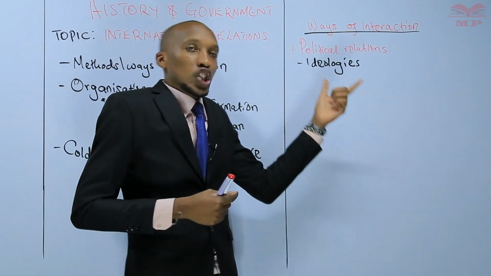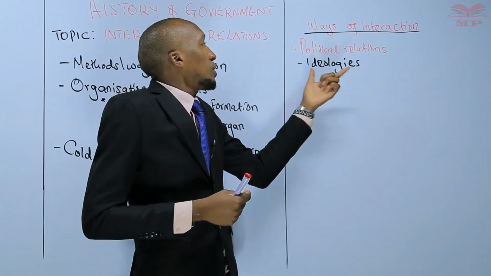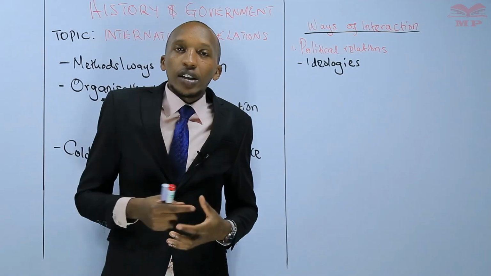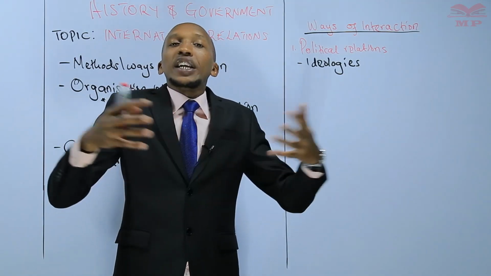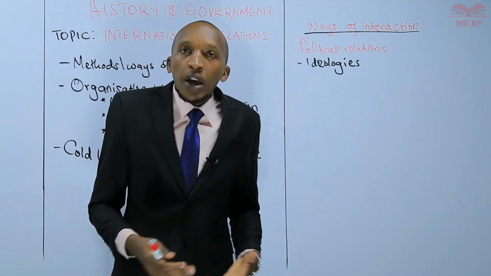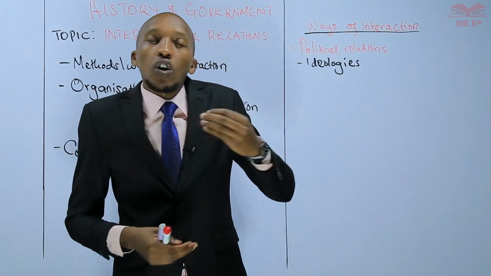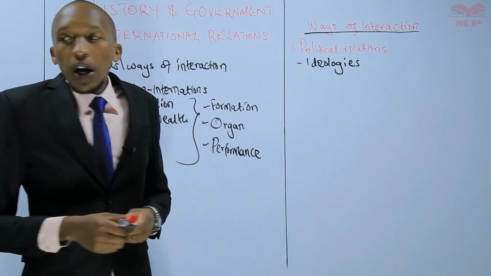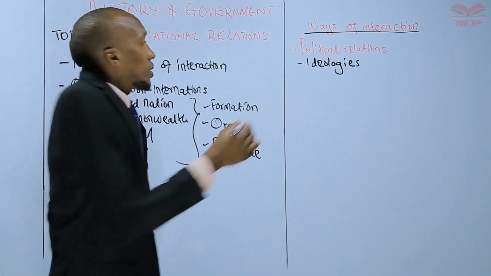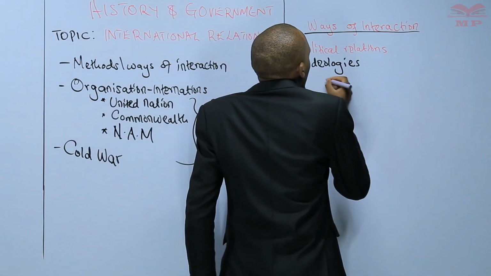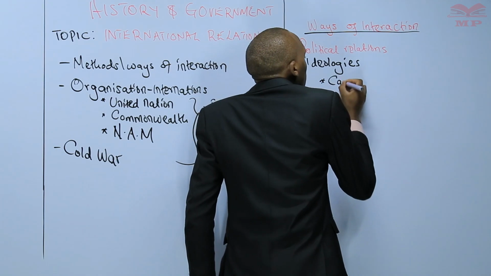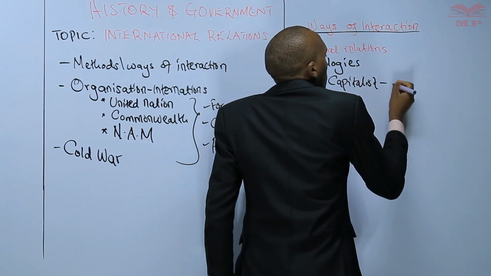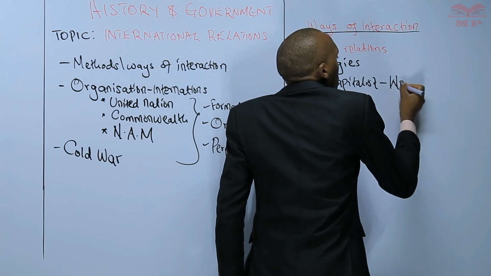That is the ideologies. And even beyond the different ideologies, as we are going to discuss in the coming lessons, you'll find that nations found a way of accommodating even competing ideologies. So when you talk of ideologies, there are two major ideologies that existed at the time. We had the capitalist ideology that was adopted by the Western Bloc.